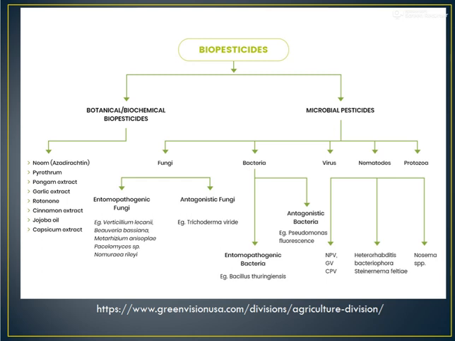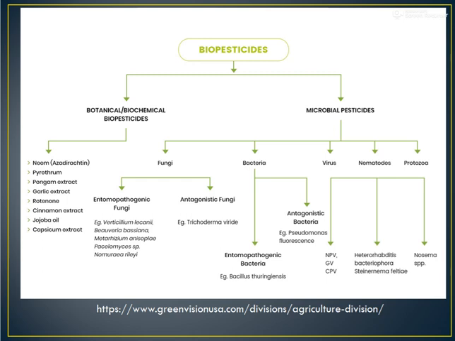For example, you can use neem, pyrethrum, pongam extract, garlic extract, rotenone, cinnamon extract, jojoba oil, capsicum extract. All these could be used for the control of pests in crops, so they are referred to as the botanical or the biochemical pesticides. Sometimes the plant as such is used, or sometimes the product or the extracts of the plants are used as biopesticides.